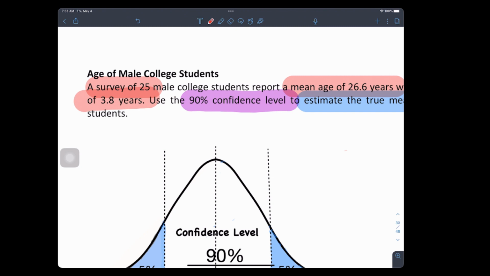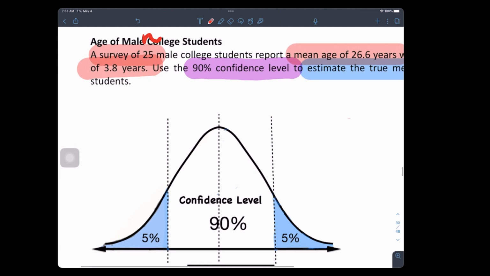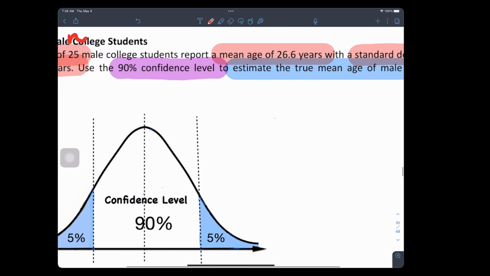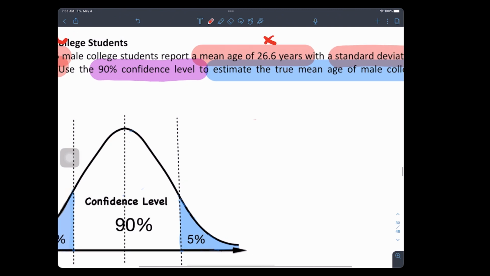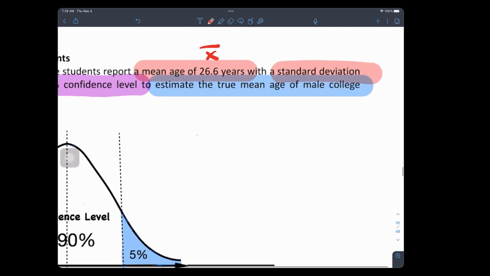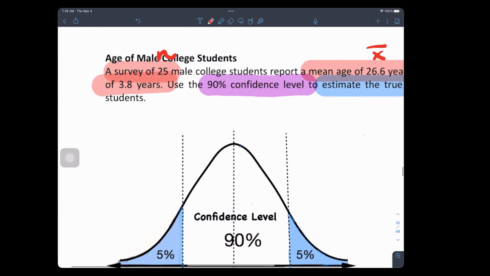What a deal. Anyway, it makes me think sometimes, ladies and gentlemen. So what do you guys know about that sample? Sample size is what? 25, is that right? What's the sample mean? What's the sample standard deviation?